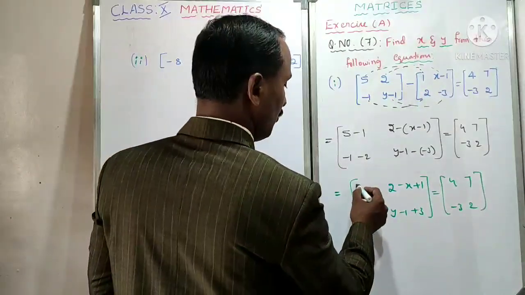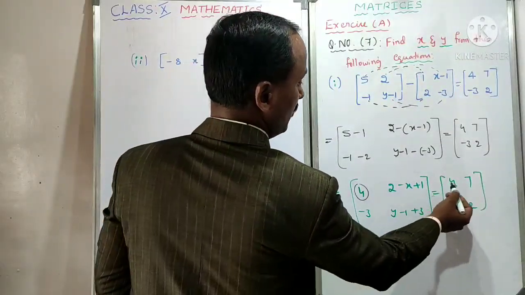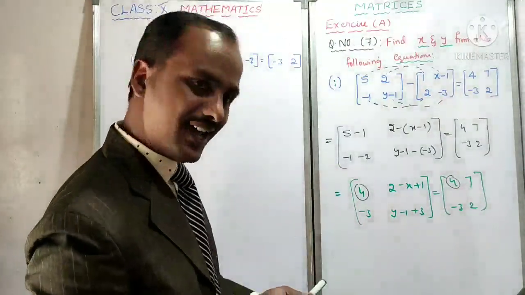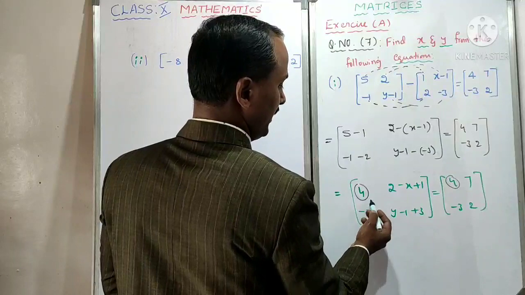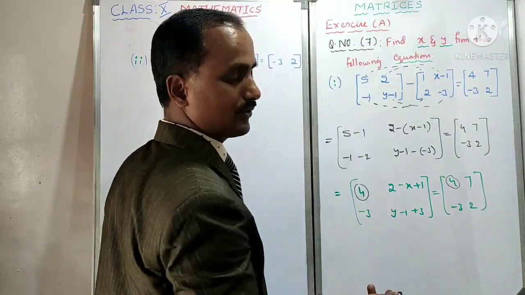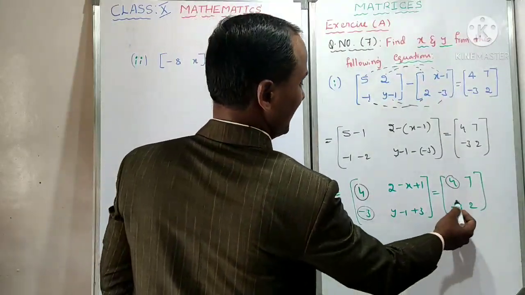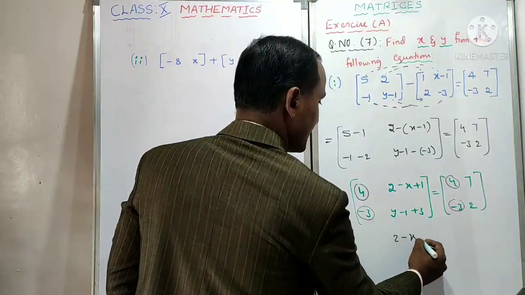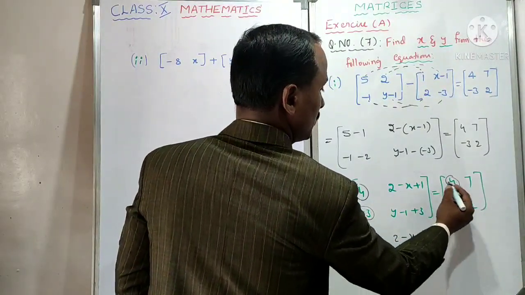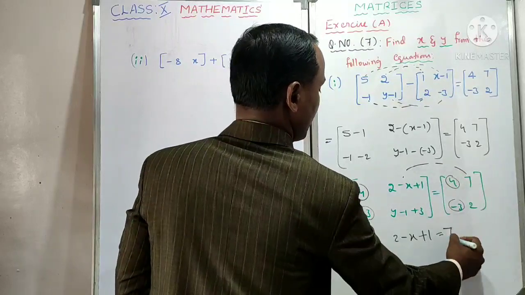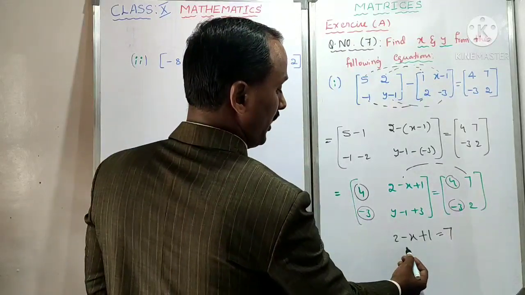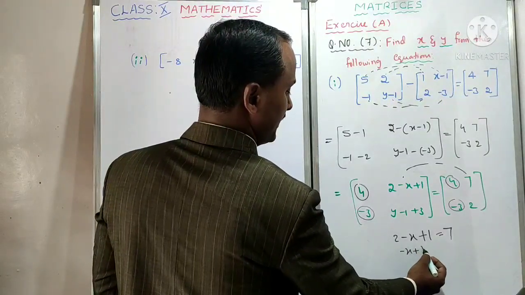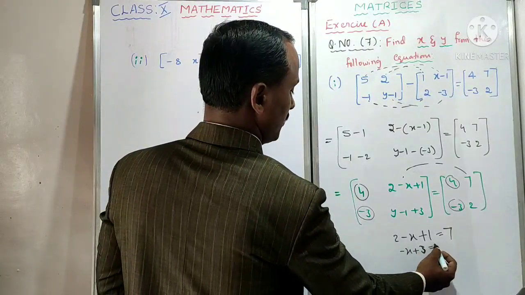Look here, observe. The first element 4 is equal to the right side matrix's first element 4. Equal, is it? Yes, 100% equal will come. Here a different one came, you are doing wrong subtraction. Minus 3, minus 3. Finally 2 minus x plus 1 is equal to 7. This one is compared with 7. Then I want the x value, minus x here only. 2 plus 1 became plus 3 is equal to 7.